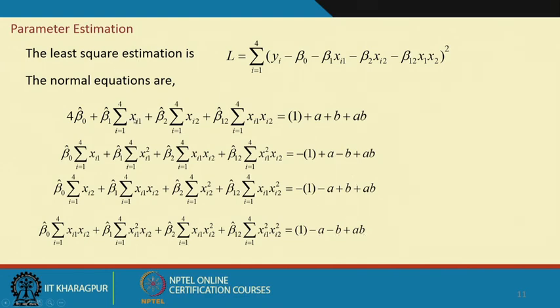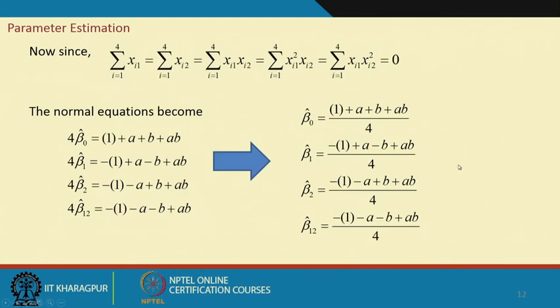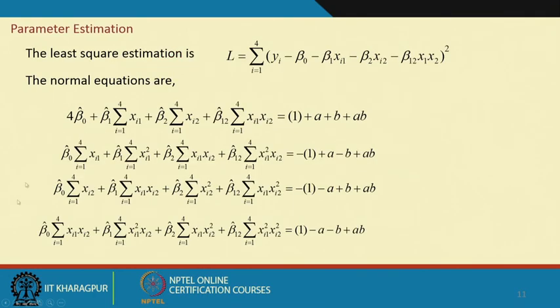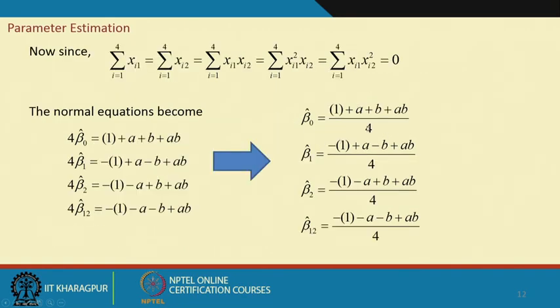Now, putting the other constants, this equal to 0, this equal to 0, the sum of this, what you will get: if you put these values as 0, then from this equation 4 beta 0 plus 0 plus 0 plus this also becomes 0. So, that means 4 beta 0 is equal to this, then beta 0 equals 1 plus AB by 4.